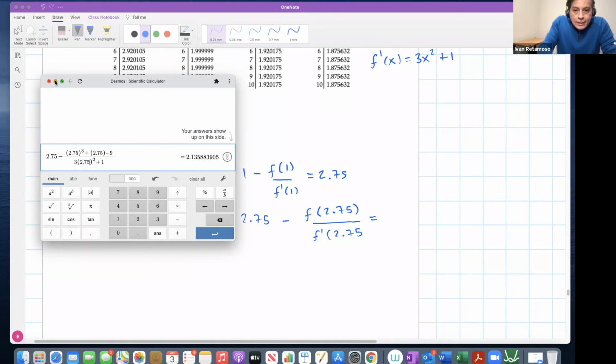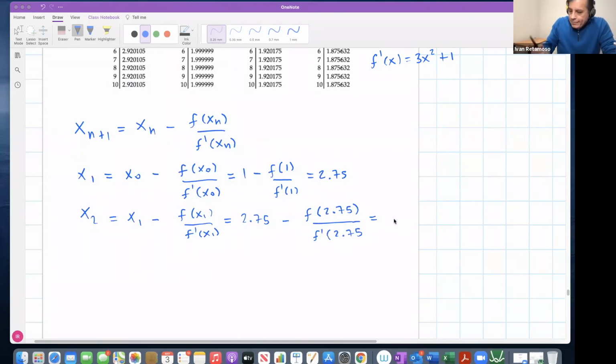So put this down here, and this should be 2.1358884. So that's my x2.